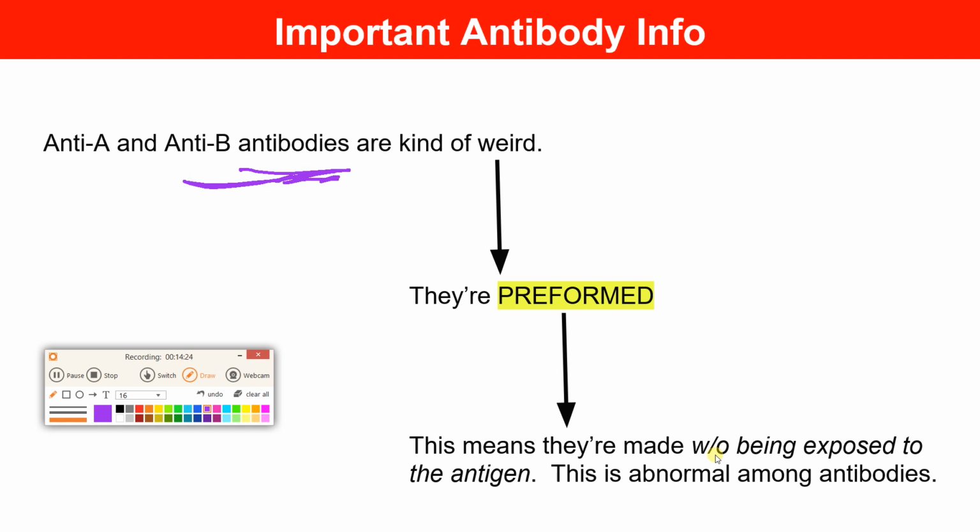So like, you get a particular strain of the flu virus that you've never seen before. Hey, you're going to get a little sick, but your body's going to make antibodies and do other things in response to that exposure. So most antibodies are made due to exposure. These guys are weird in that they're not. The word for that is preformed.